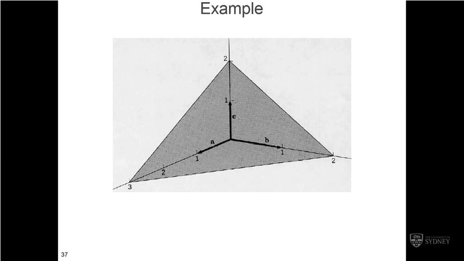Find the Miller indices of this cut here. Let's first of all make some decisions about axes. This is obviously the x, and this is the y, and this is the z, because A, B, and C.